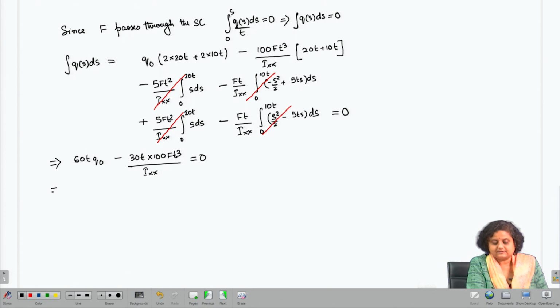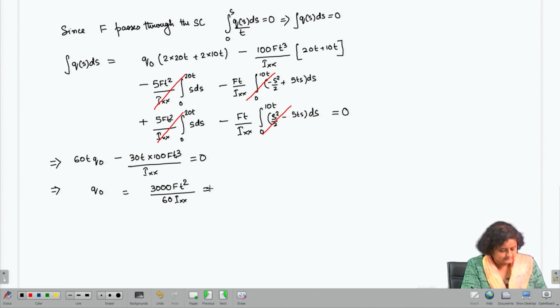So, this implies that Q0 is going to be 3000 F T square by 60 Ixx, which gives us Q0.